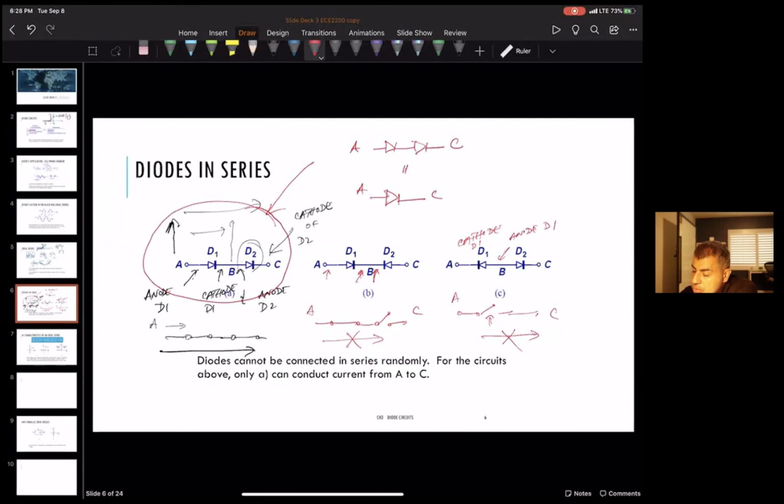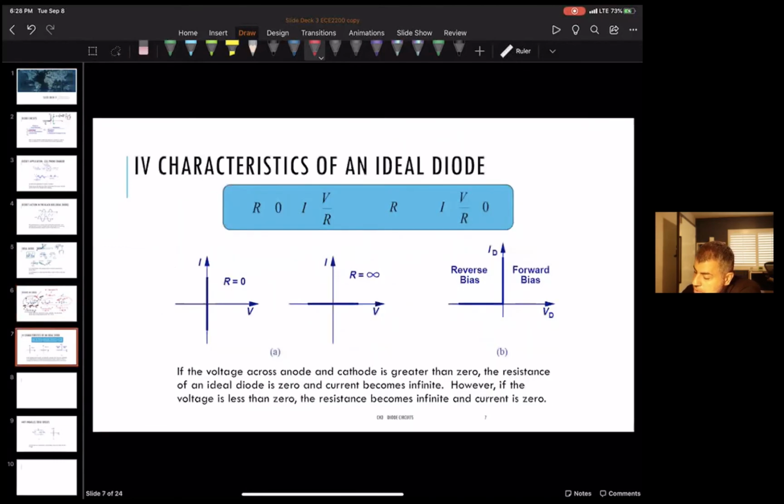And these two other ones just look like opens. Okay. Then, boy, this thing got mangled again. Sorry, guys.